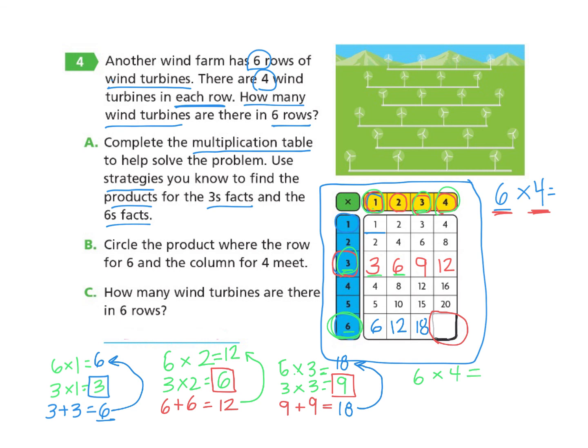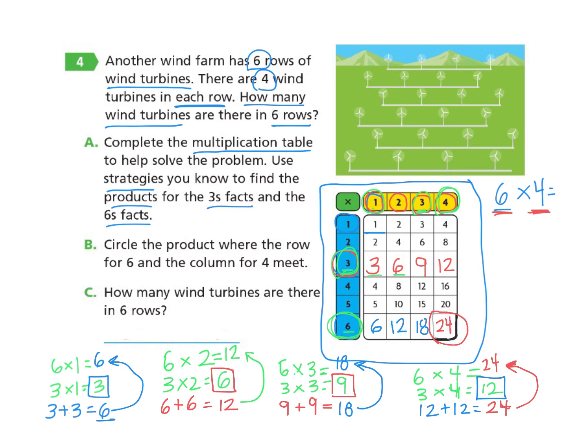And we know that 3 times 4, oops, that's a 4, equals 12. So we are going to take that product and we're going to add 12 plus 12. And when we do that, we get the answer 24.